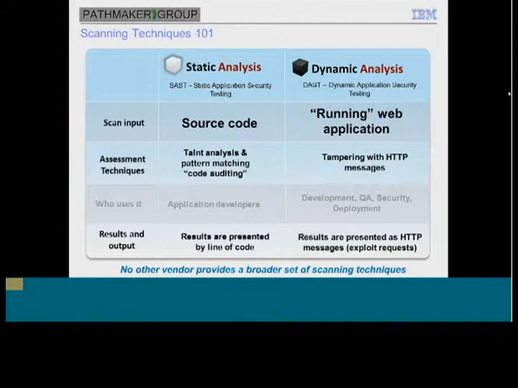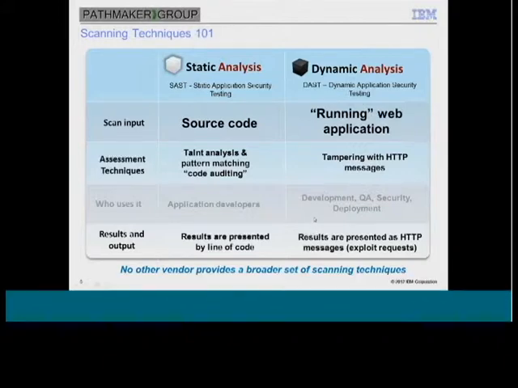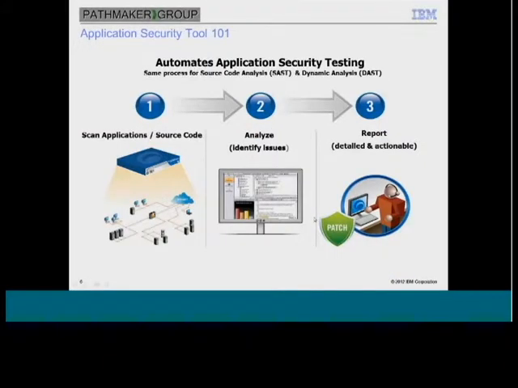Dynamic analysis, which hopefully you know, is essentially what we term a hacker in a box. It's us throwing messages at a running web application, and we try to exploit it. On the next slide, slide number 6, when you look at the difference between the two, essentially the process is the same.